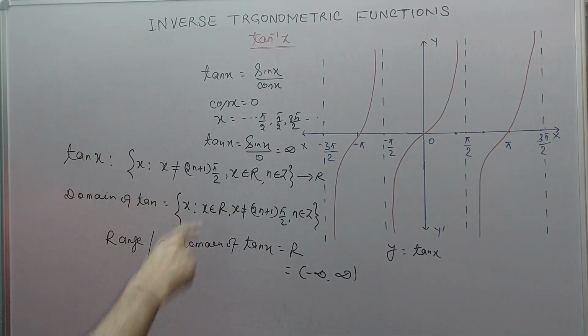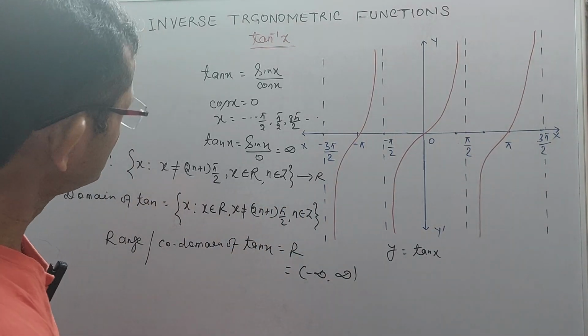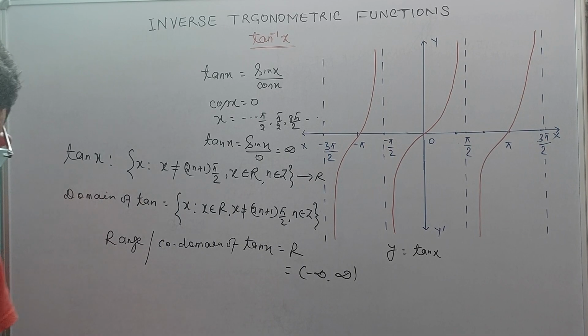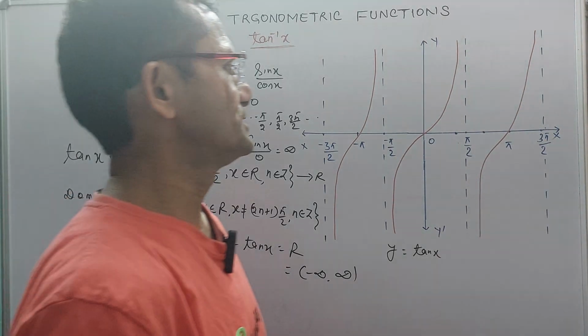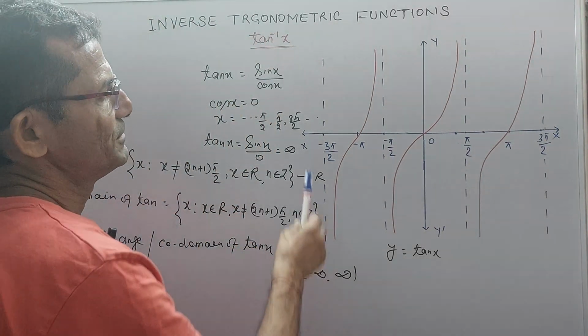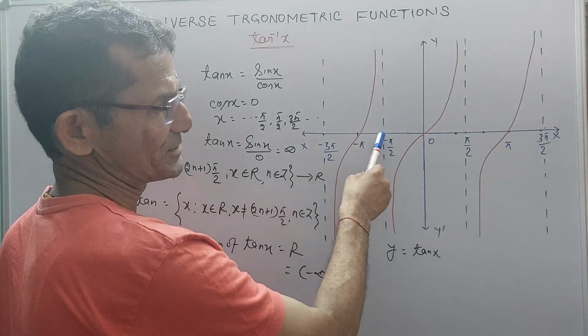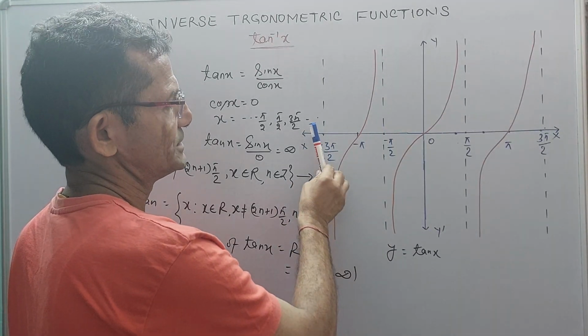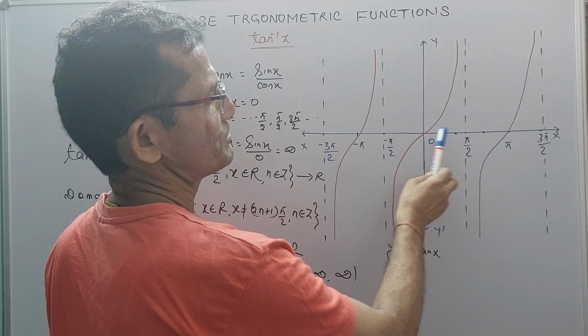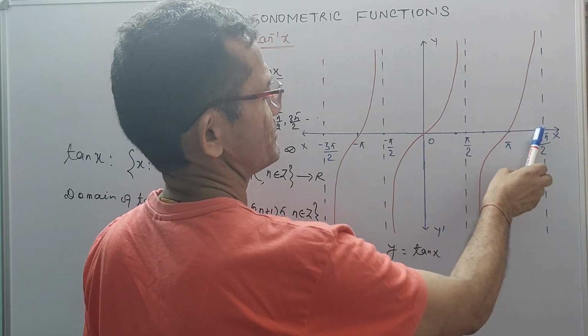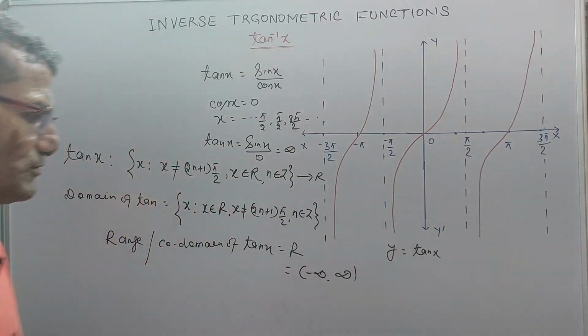So in this case the tangent function is not 1-1. If I restrict the domain of the tangent function to these intervals, from minus 3 pi by 2 to minus pi by 2, and this is minus pi by 2 to pi by 2, and pi by 2 to 3 pi by 2, then it will become 1-1 and onto.